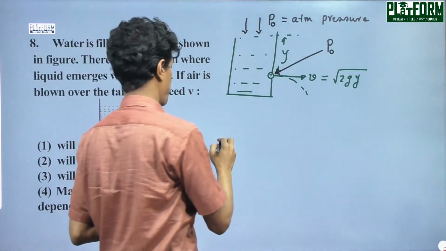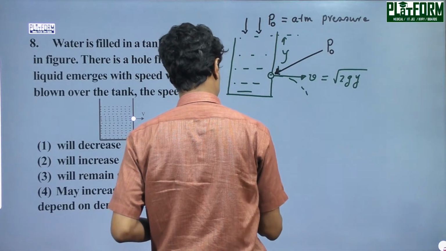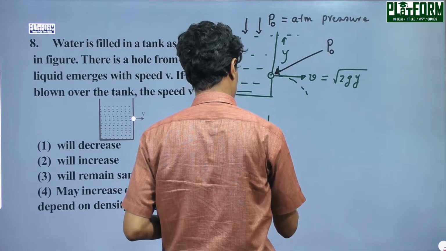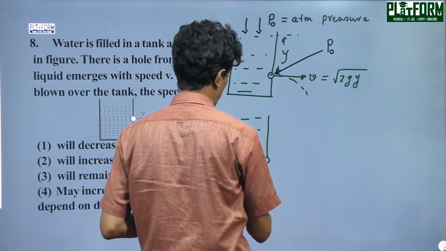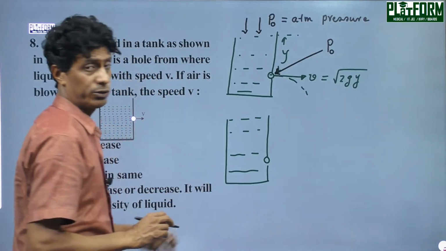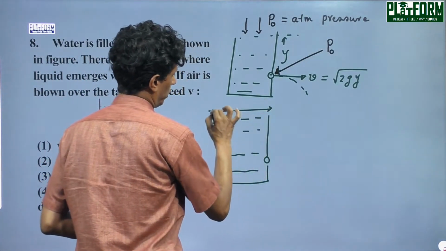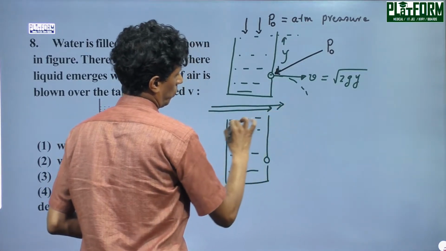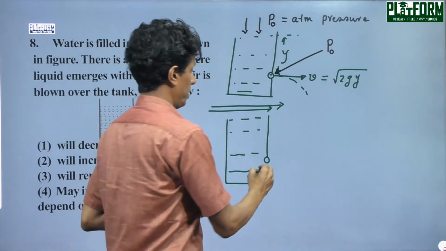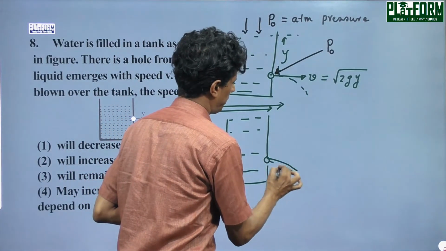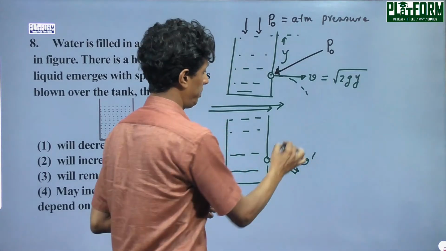But in the case when the liquid is filled in the container and air is blown over the liquid surface, here the velocity is V prime, let us say.